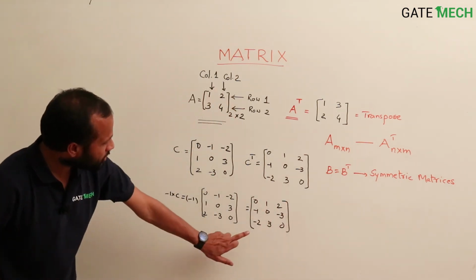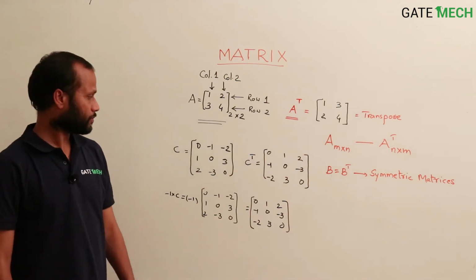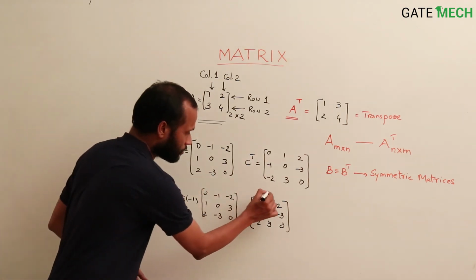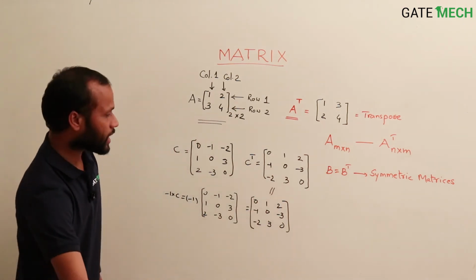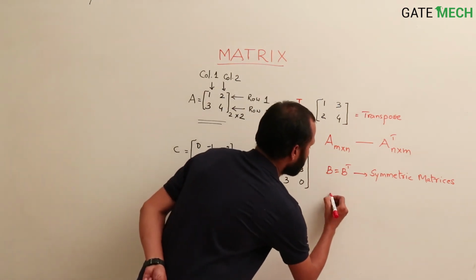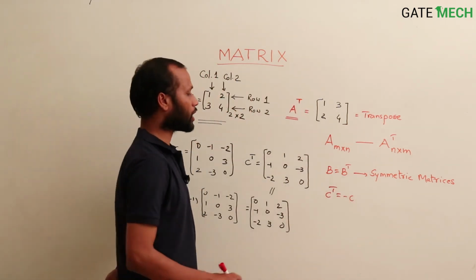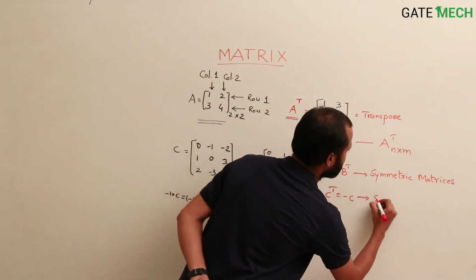If you see, this is nothing but C transpose. Both look to be the same, isn't it? So this kind of matrices where C transpose is equal to minus C are called skew-symmetric matrices.